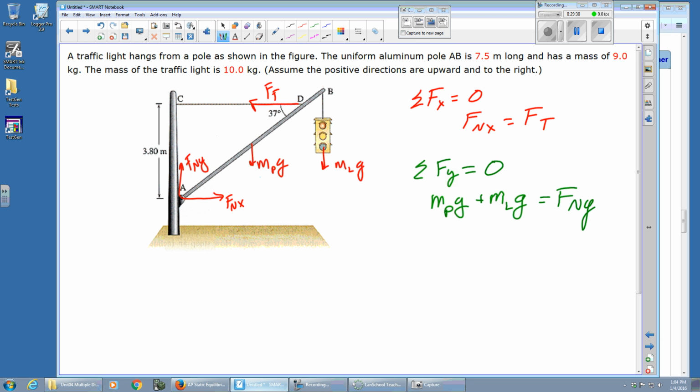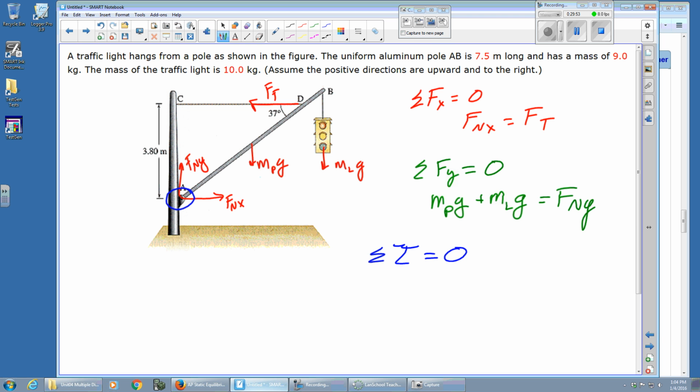We're running short on time. To find the force of tension, I'm going to take my pivot point to be about point A, because that way I get rid of two unknown forces, Fny and Fnx.